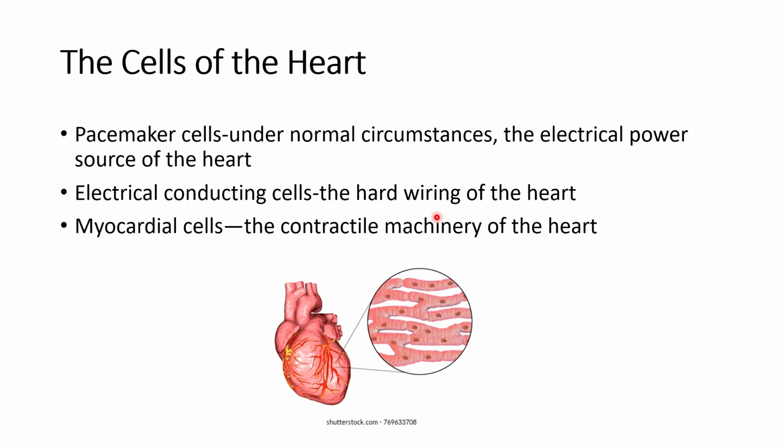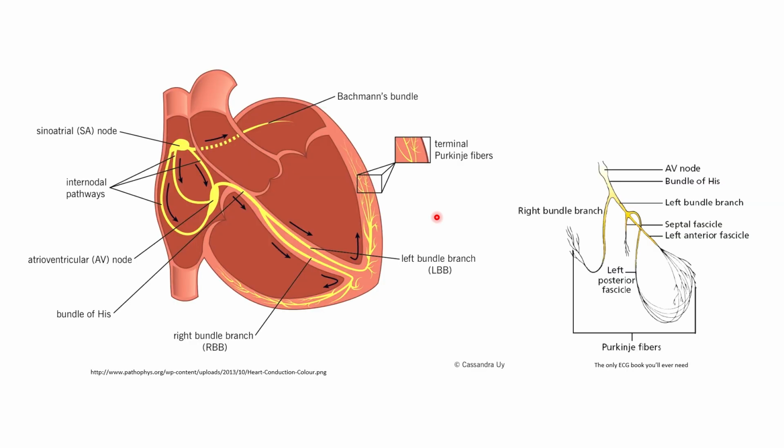And this happens in these cells. So they act like wires. And the third is the myocardial cells, where the contraction takes place, or in another word, they are responsible for contraction, once they get electrical impulses from the wire cells that was generated first of all in the pacemaker cells. So I hope everything makes sense, and let's move forward now.